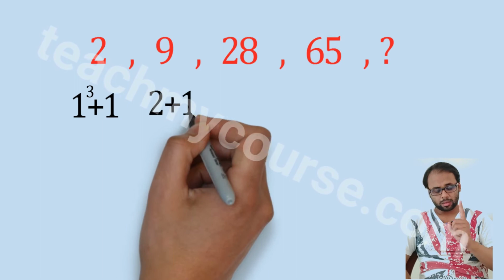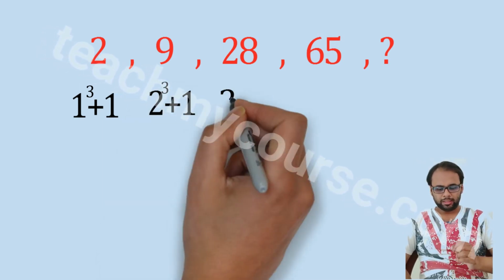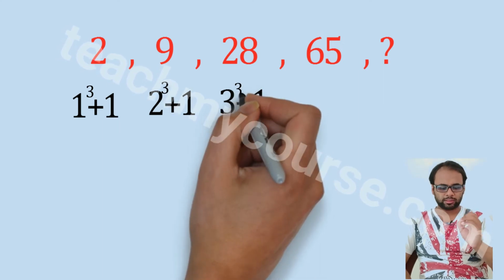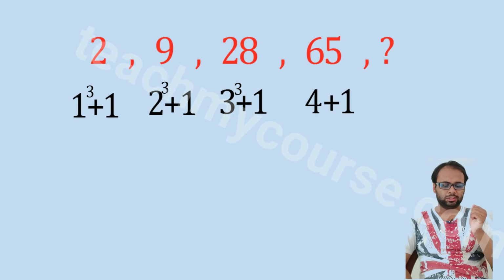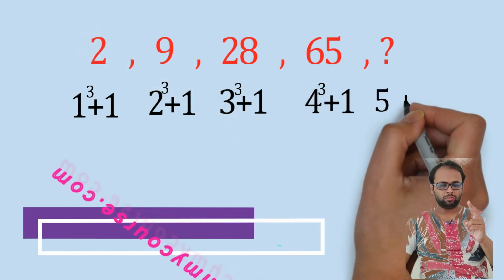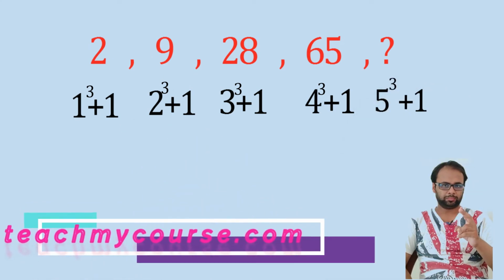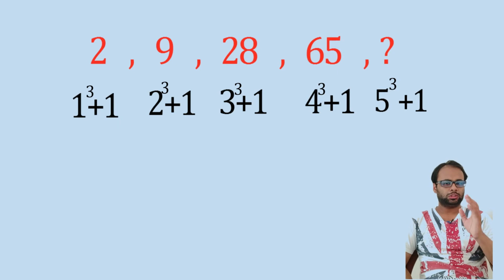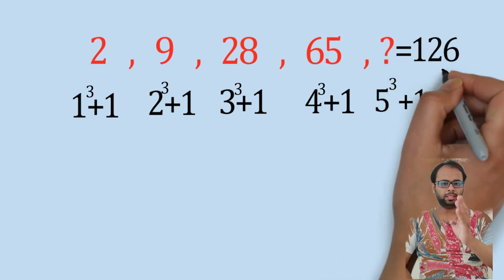So 2 can be calculated as 1 cube plus 1. Similarly 9 can be calculated as 2 cube plus 1. Then 28 as 3 cube plus 1. Then 65 as 4 cube plus 1. Similarly next number would be 5 cube plus 1, which is 126. That's the answer. So these are the kind of squares and cube series which you would often encounter in the exam.